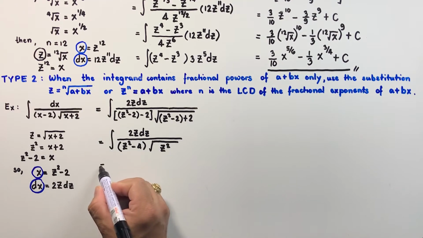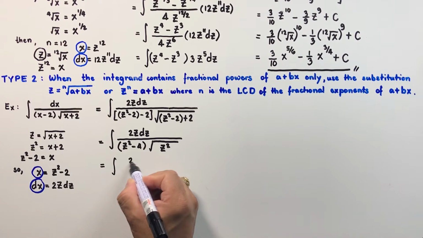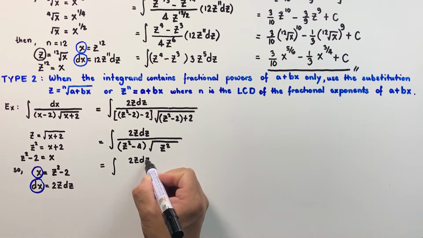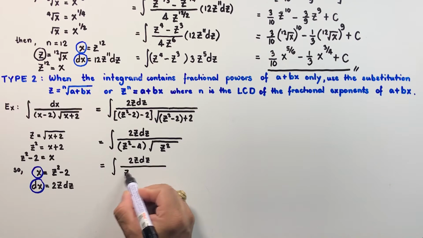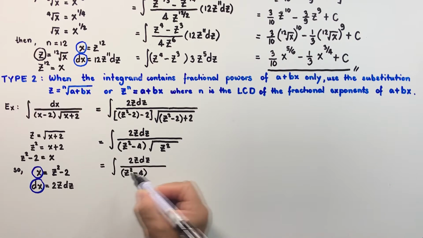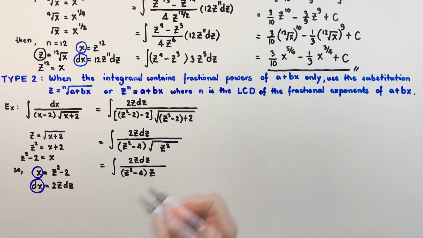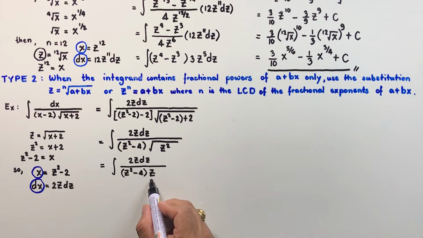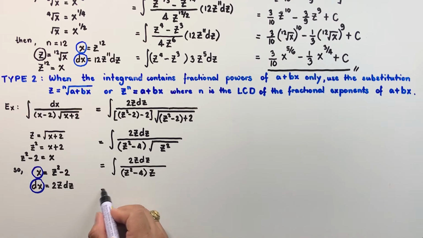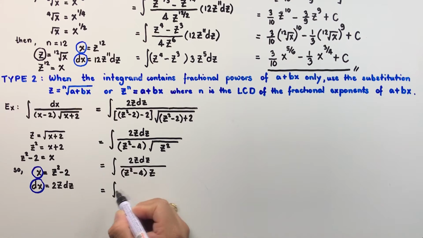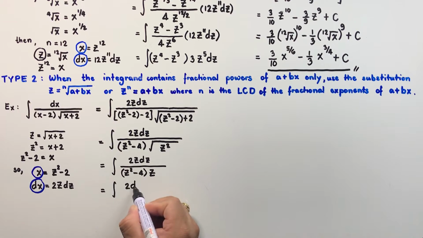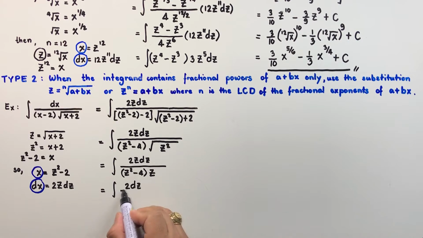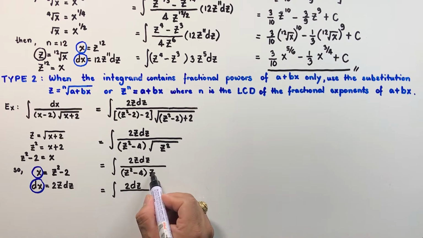And then we simplify further by taking the square root in our denominator here. We have only z, because the square root of z squared is just z. But we can cancel that one with our numerator because we have z here in our denominator.